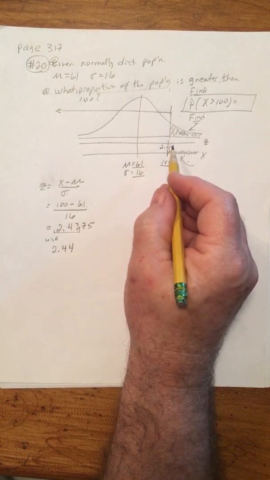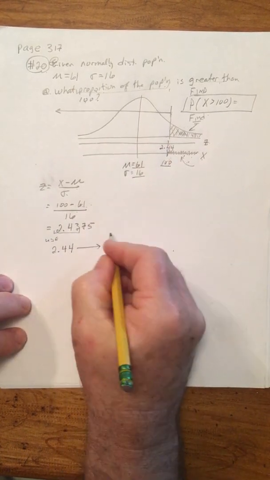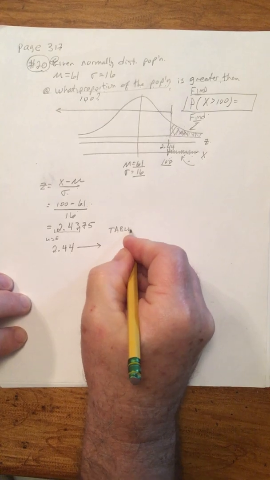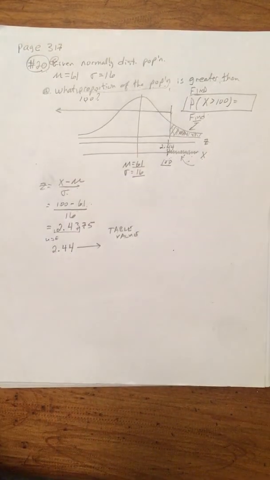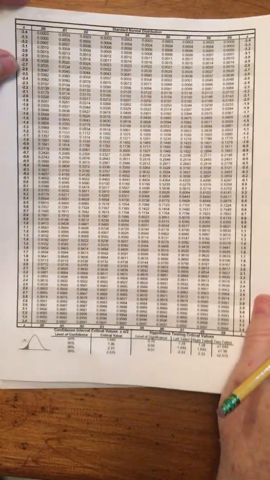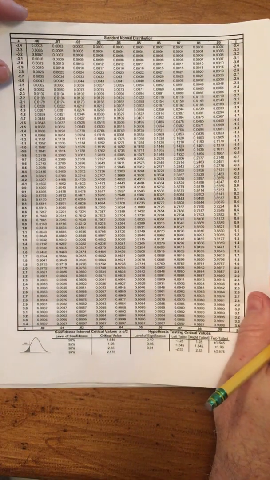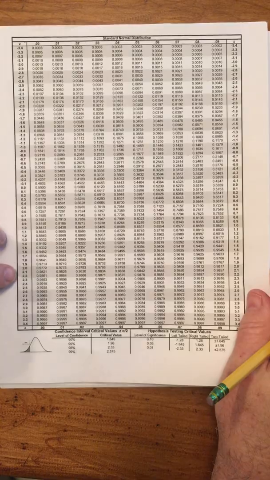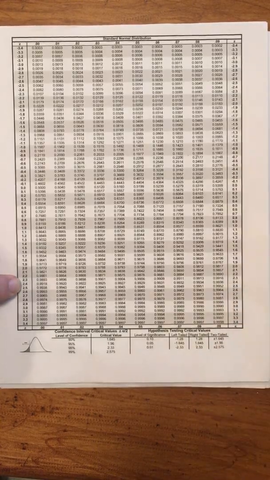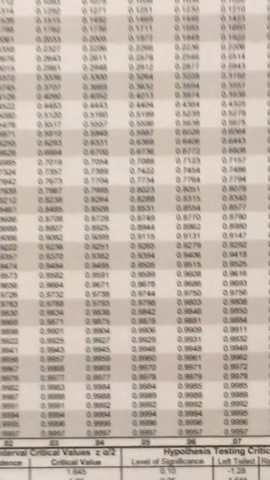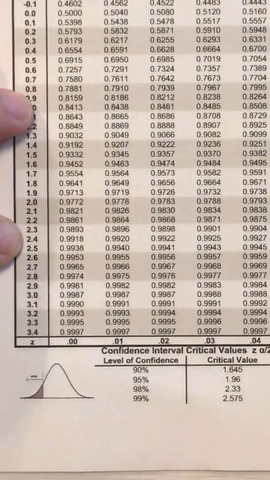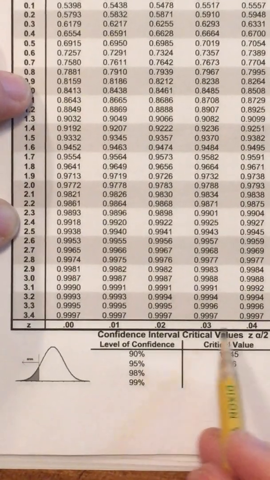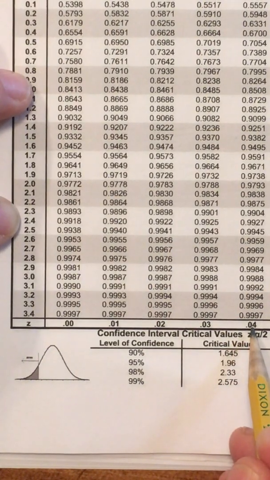Now we need to find the table value. We need 2.44 in the table. 2.4 is here. I'm going to zoom in. 2.4, and the second decimal value is 4 also.